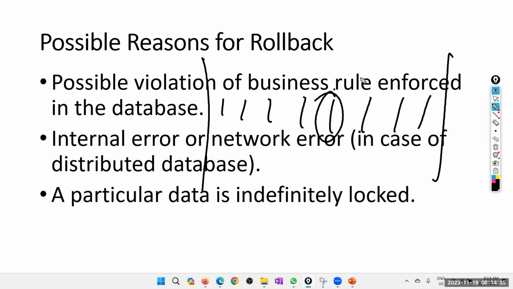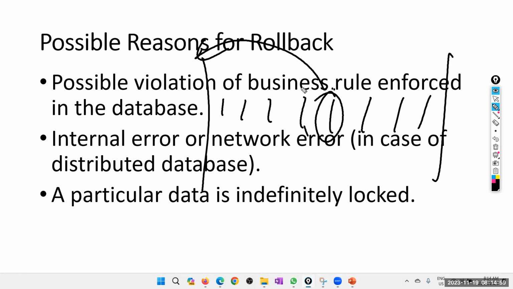So therefore, you are not supposed to proceed. Then, of course, it has to roll back. That is the possibility of violation of a business rule, or a concurrency issue, or a constraint is violated. So you can't proceed. Then it has to be rolled back.